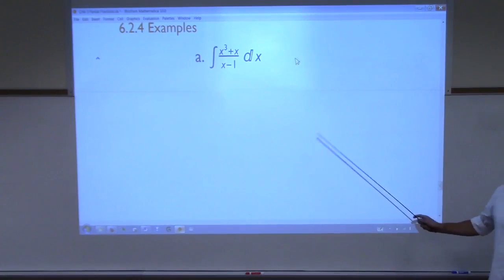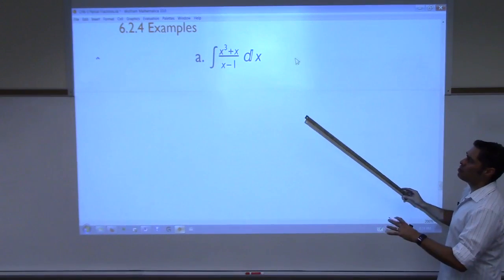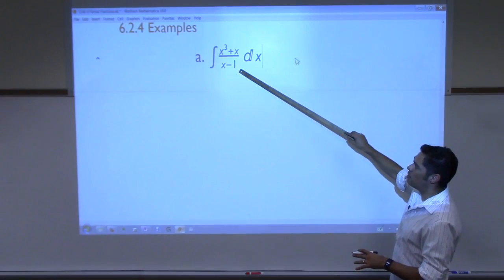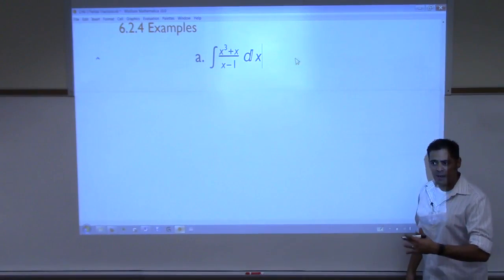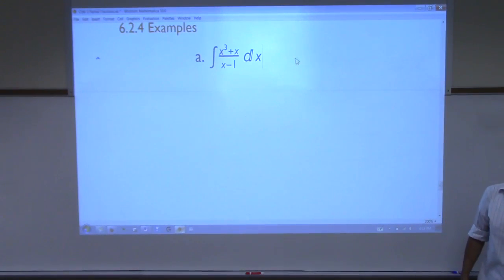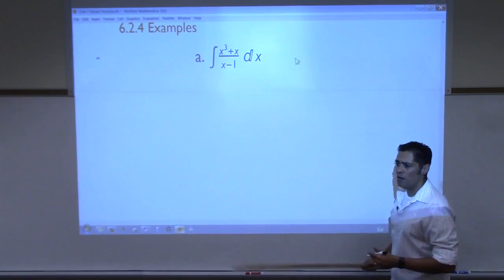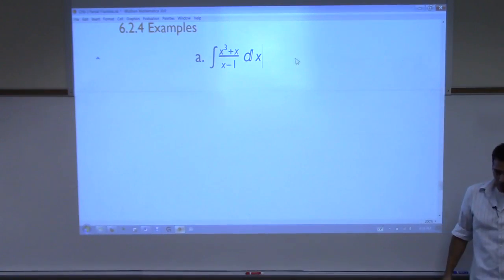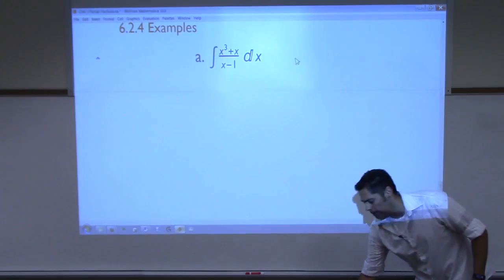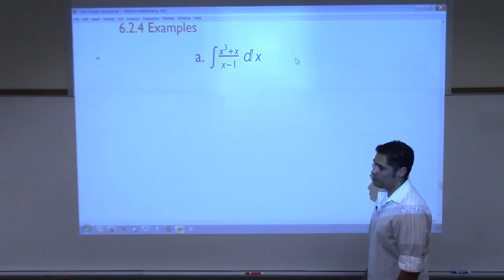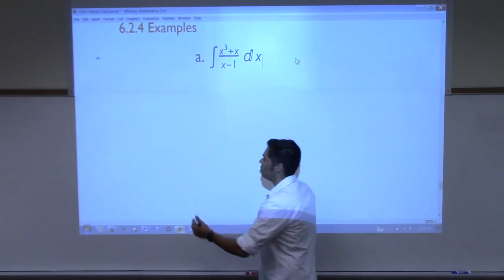Yeah, so if we look at this and say, wait a minute, this is a rational function, I have a polynomial divided by a polynomial, then according to the steps, I should check the degrees first. Degree of numerator is 3. Degree of denominator is 1. If that happens, degree on top is bigger than or equal to the bottom, long division occurs first. Right? Yes? Okay, so let's do long division.